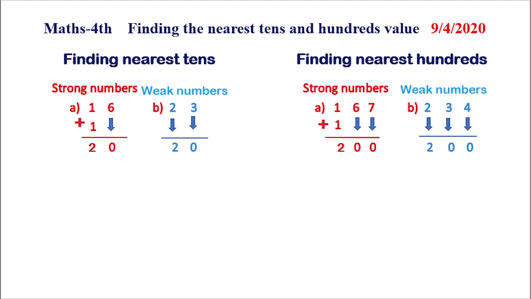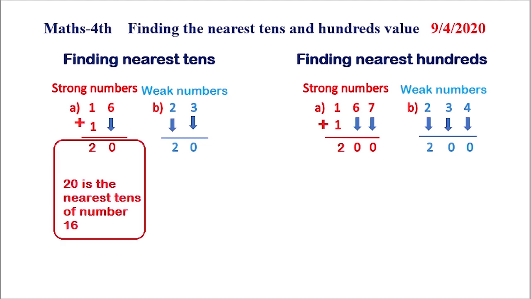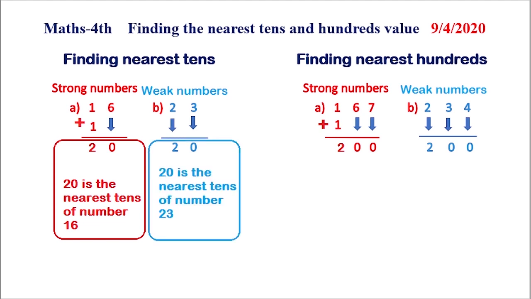In finding the nearest tens, check the ones place number. If it is a strong number, then add one digit into the tens place number. So you will get your answer. Now again the same process, writing down your answer. 20 is the nearest tens of number 16, and 20 is the nearest tens of number 23.